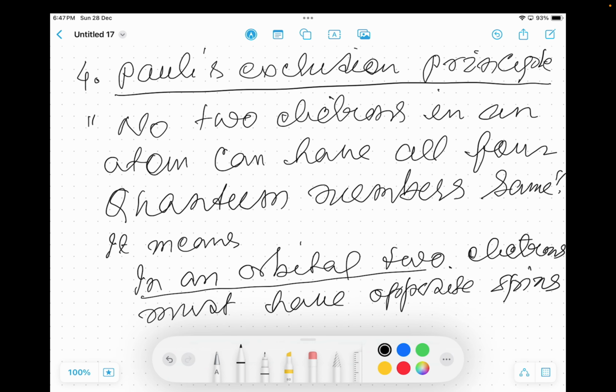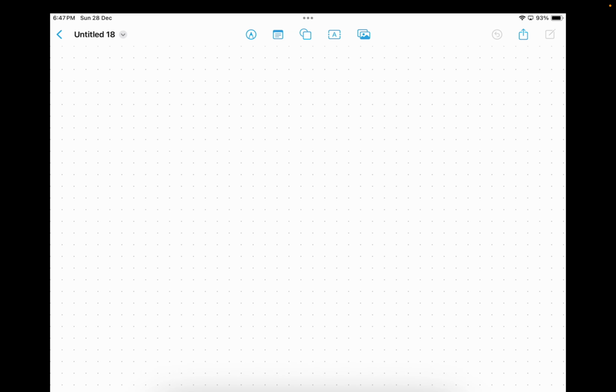This point helps to understand the electronic configuration box, that means orbital-wise electronic configuration or box diagram electronic configuration. Let me explain electronic configuration now, and then we will come to Hund's rule.